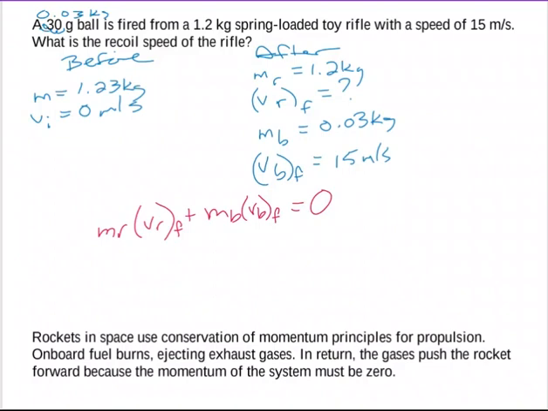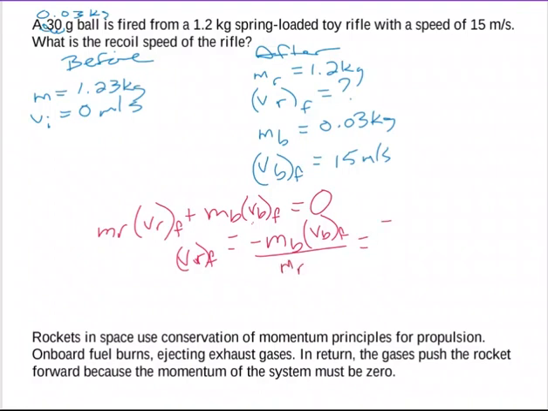All right, what is it we're looking for? The velocity of the rifle. So we move the mass of the rifle, and this guy goes to the other side, then divide by mass. So we have negative m_B v_B final, and we're going to divide by the mass of the rifle.